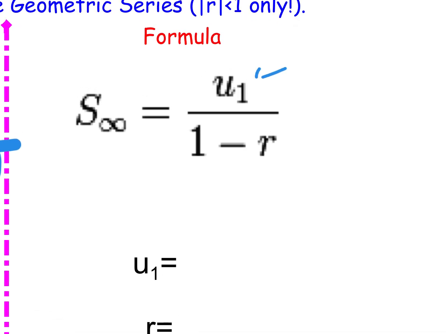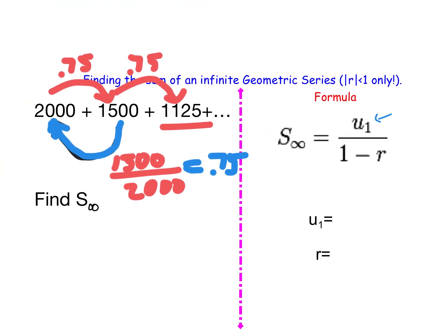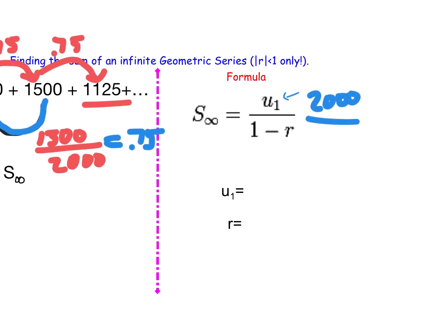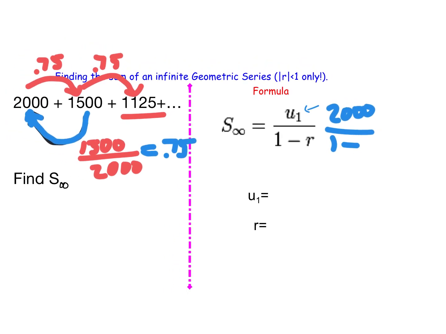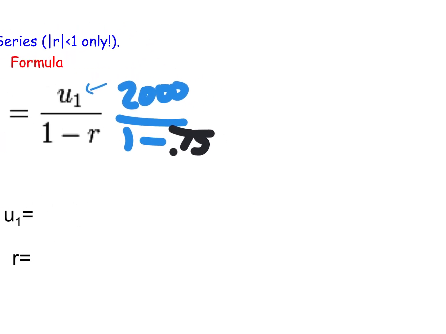So how do I do this? Well, what number did I start with? What was my u sub 1? 2,000. Nora, what's 1 minus the r? r is the common ratio, the thing you multiply by each time. 0.75. If I were doing this, I'd do this in my head.